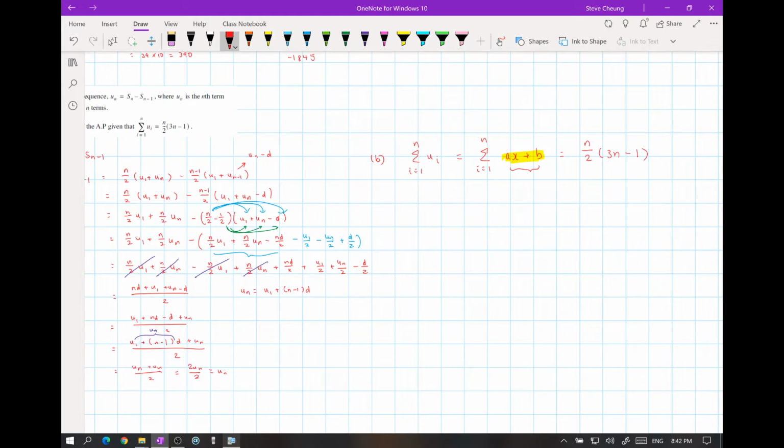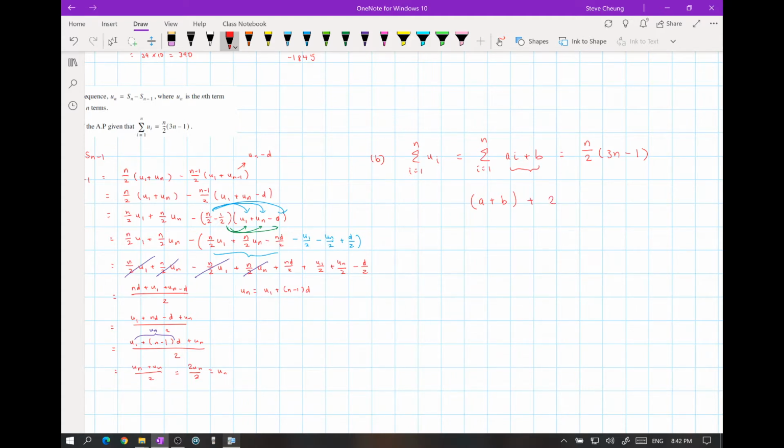Okay. So therefore, the first term here will be, well, there's no more i's. So I need to replace my x with I, ai plus b. So that means the first term would just be a plus b. If I let I equal 1, it will be a times 1 plus b.